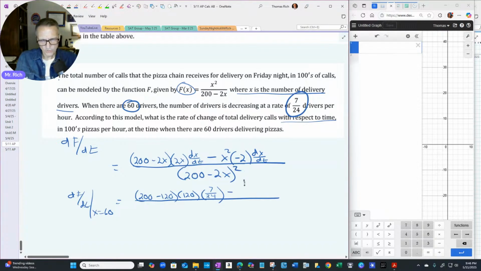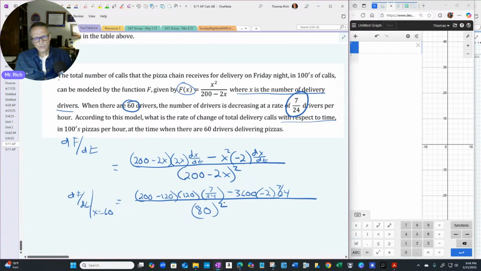Okay, minus x squared, so we're going to do 60 squared. So let's call it 3,600, times -2, and then times 7/24. All right, and then down here, this is going to be 200 minus 120. That's going to be 80 squared.